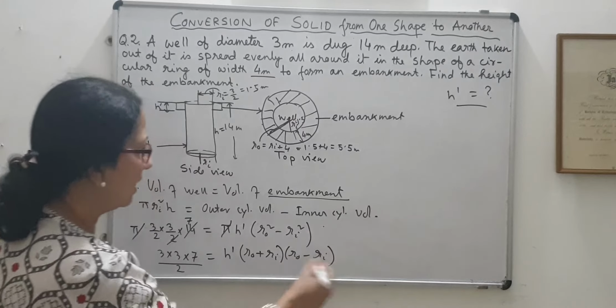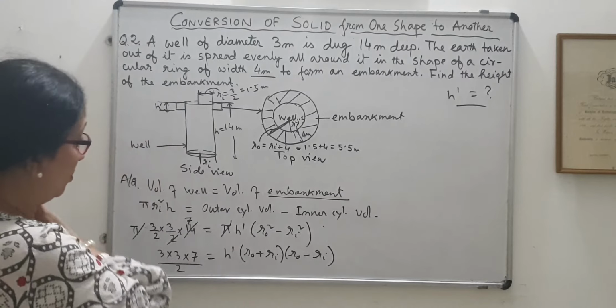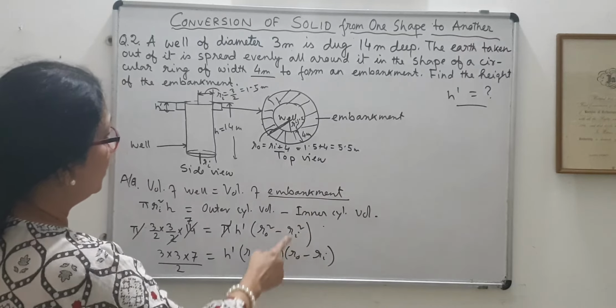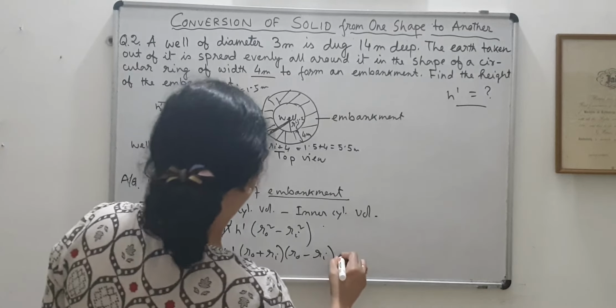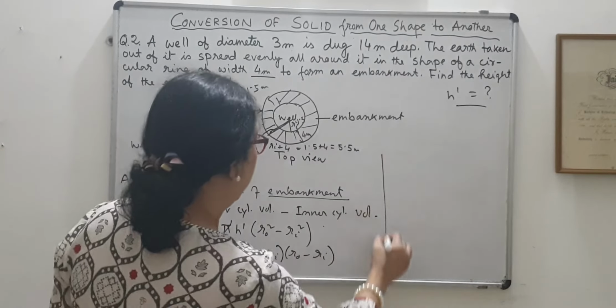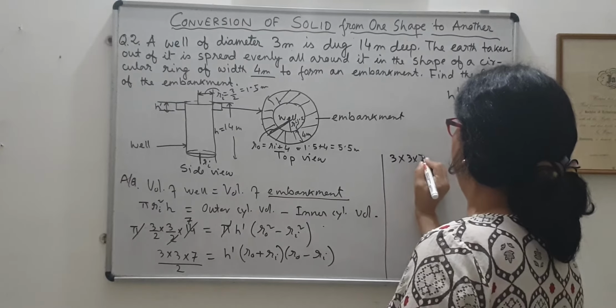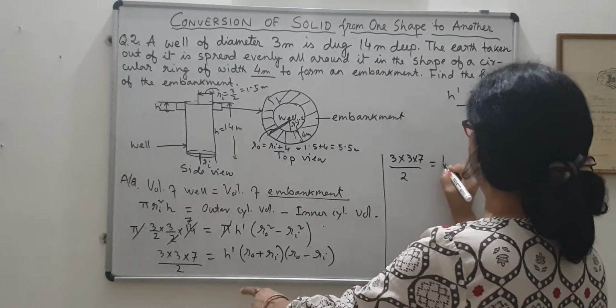You look at the calculation management where I am using algebra identities also. I put the values. Ro is your 5.5 and Ri is your 1.5. So let me write the next step. 3 into 3 into 7 by 2 is equal to H dash.